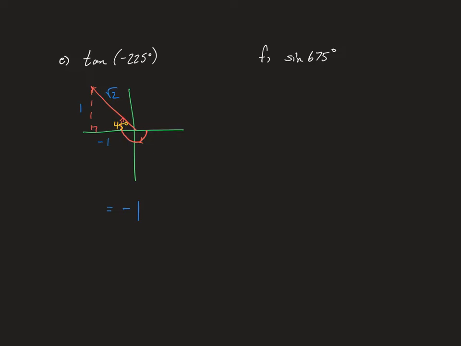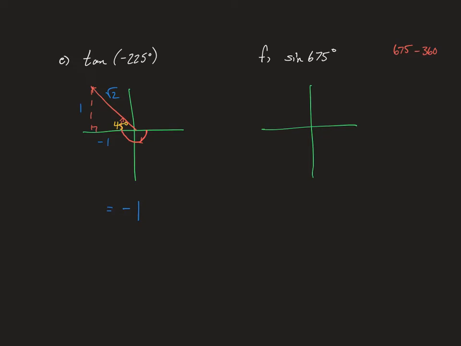So we take a look at F. The only difference in F is I gave you a really big angle. So for us to be able to work our way through, I'm going to have a quick set of axes. And now I need to rotate 675 degrees. Well, clearly a full rotation is already going to go in there. So I need to do a little calculation of what 675 is, subtract a full rotation.